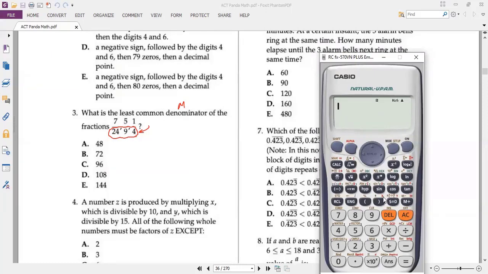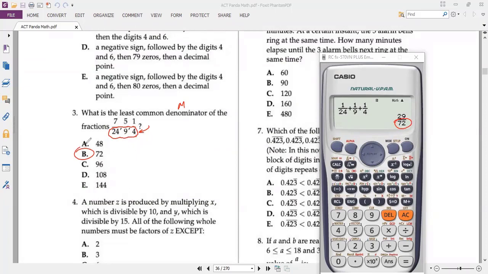This is for all calculators: 1 over 24 plus 1 over 9 plus the others. It would be better to do it like this. So the denominator here is our target, our answer.